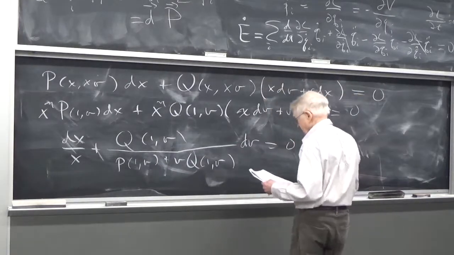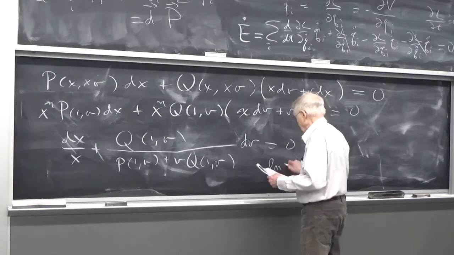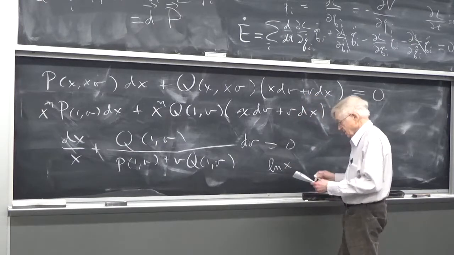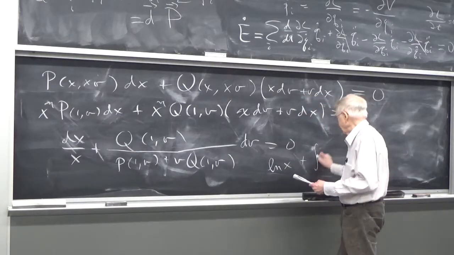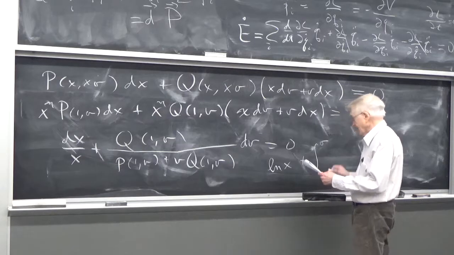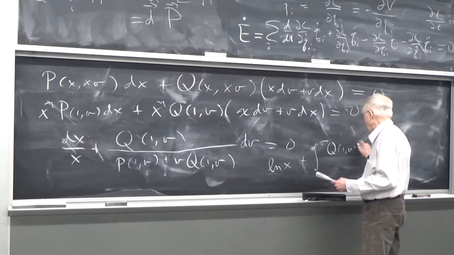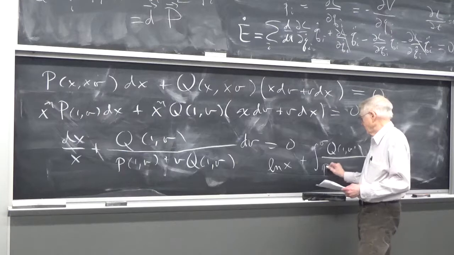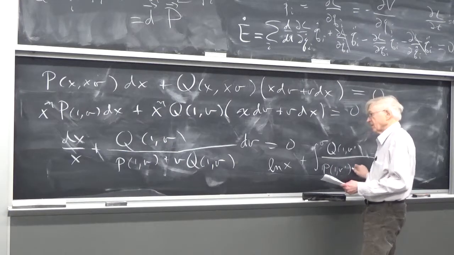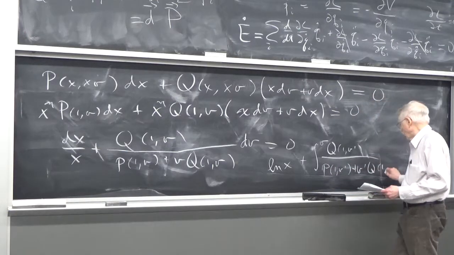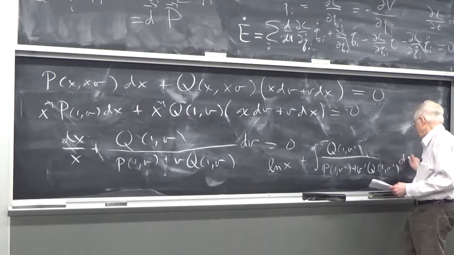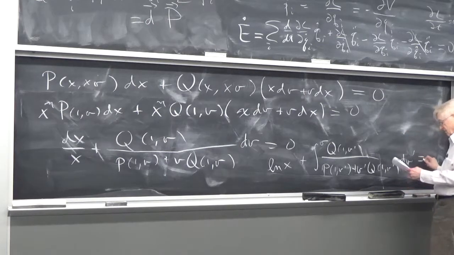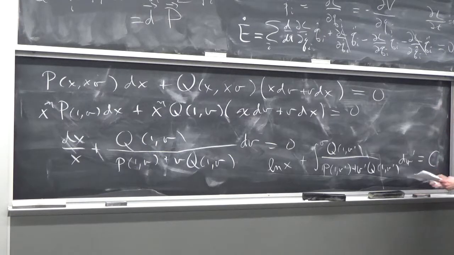And the solution then is that log x plus whatever that indefinite integral is of Q of 1, v prime over P of 1, v prime plus v prime Q of 1, v prime dv prime is equal to a constant, because the differential is 0.